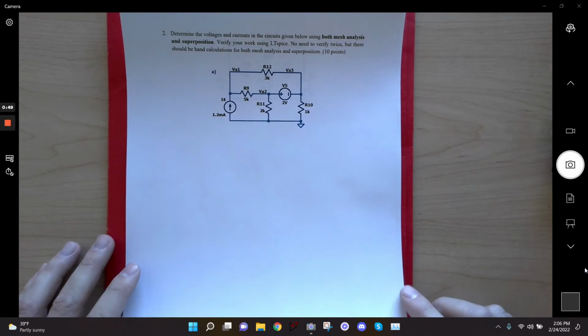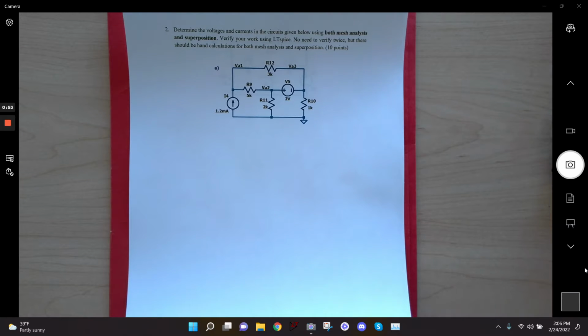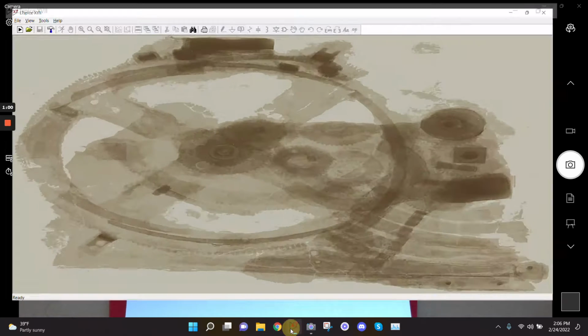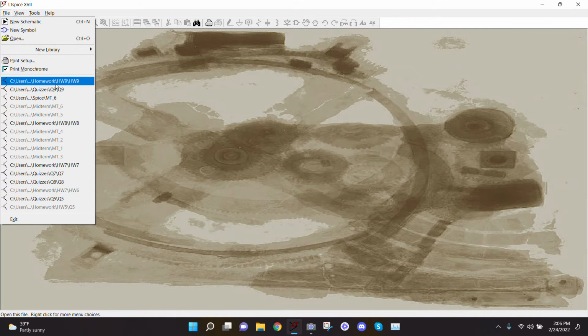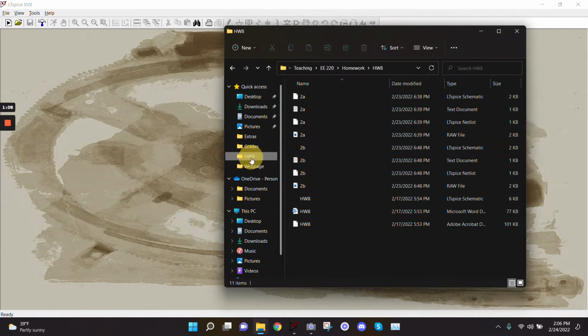So, it seems like people had some trouble with these problems, so what I'm going to do is go through and solve them. I want to put them in Spice first so that we can see those voltages that we're expecting. I already have them made, in my homework 8 folder.